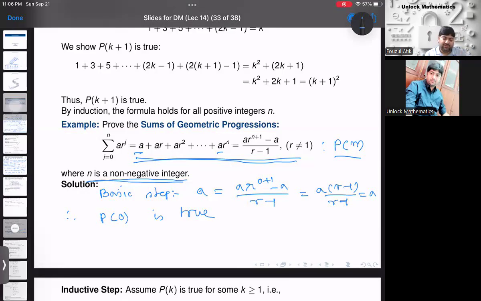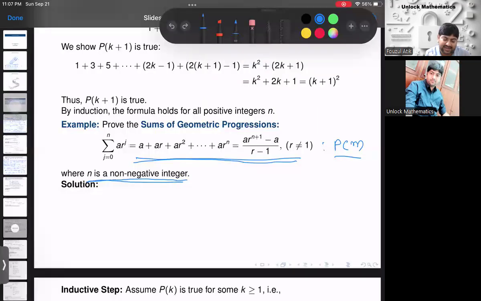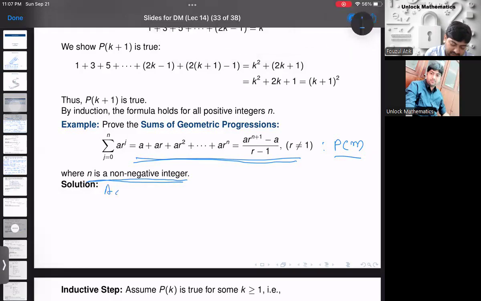Your next step is to prove the inductive step. Right? So inductive step, what we will do? Your basic step is done. Now we'll do the inductive step. Now the inductive step is Pk implies Pk plus 1. Right? So assume that your Pk is true.